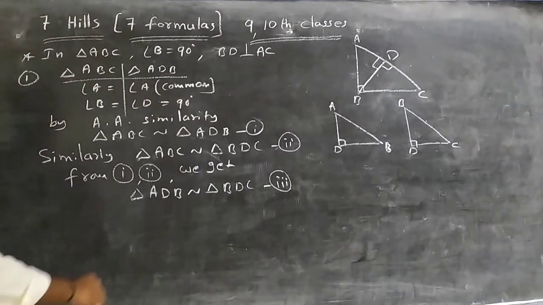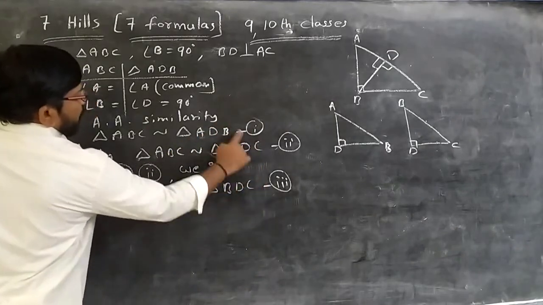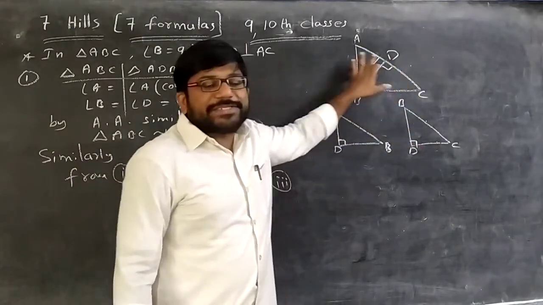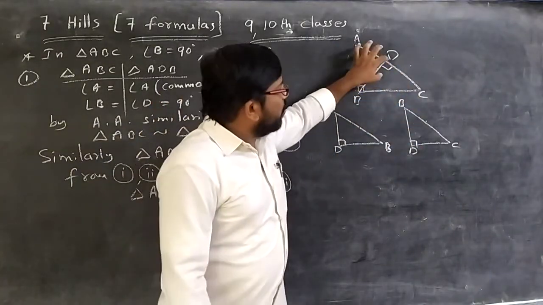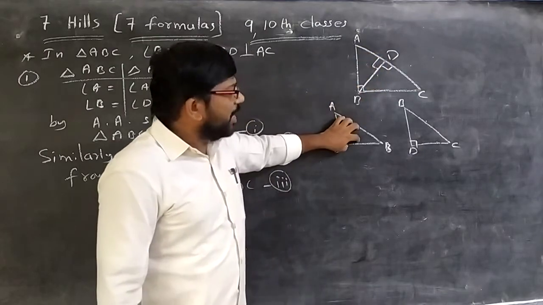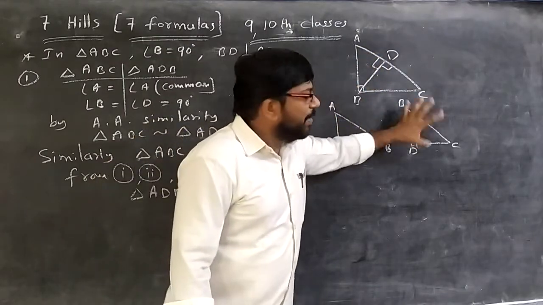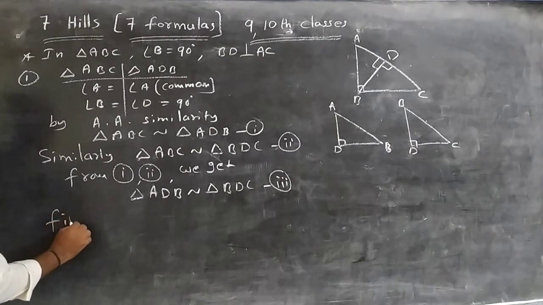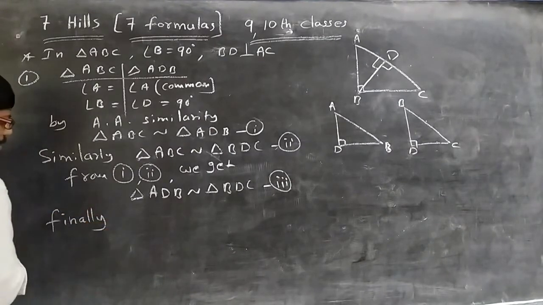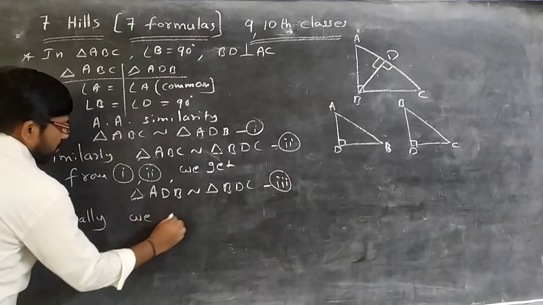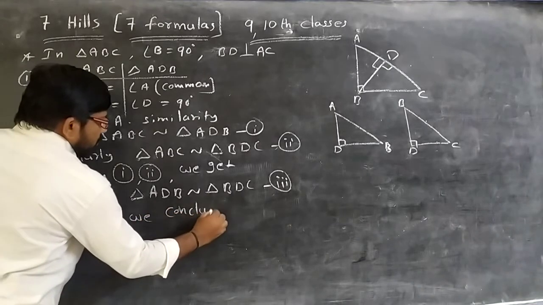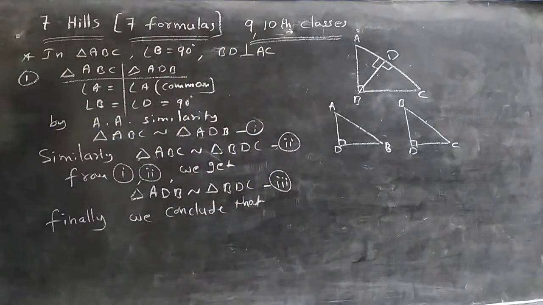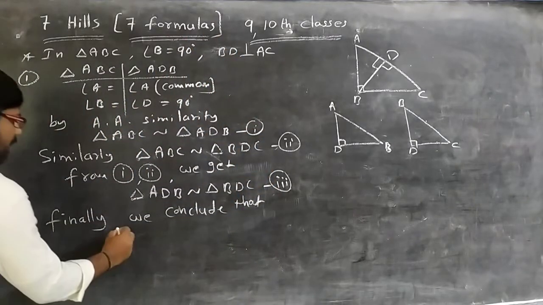So from 1, 2, 3, the three triangles are similar. ABC is similar to ADB is similar to BDC. So finally we conclude that the three triangles are similar.